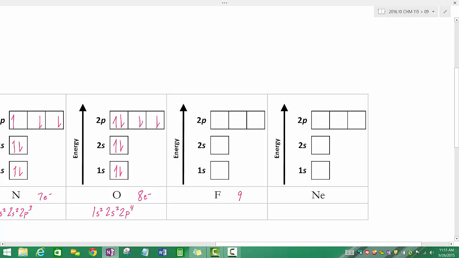For fluorine, with its 9 electrons, hopefully you're seeing the pattern here is that there's no difference in terms of the electrons taking a different route to filling. It doesn't really matter, again, if they're up or down, but it does matter that they're starting from the lowest energy and going to the highest. 1s2, 2s2, 2p5, and then finally neon is at 10.